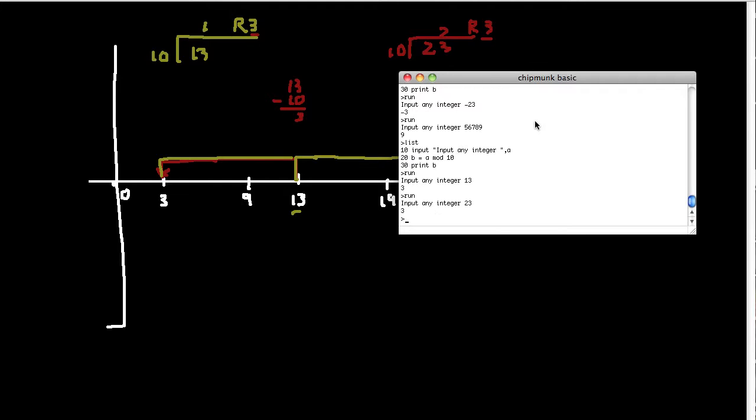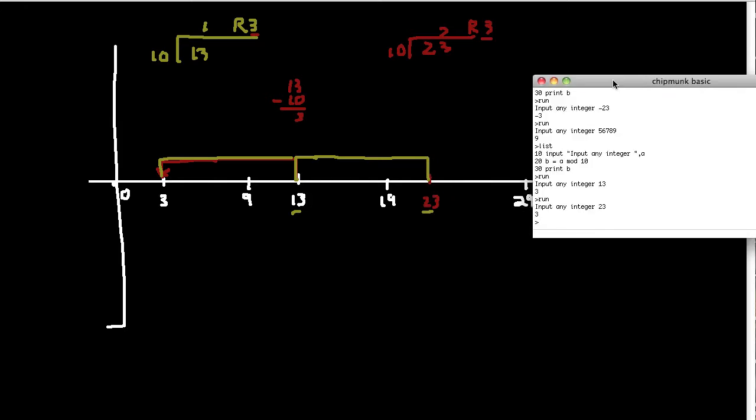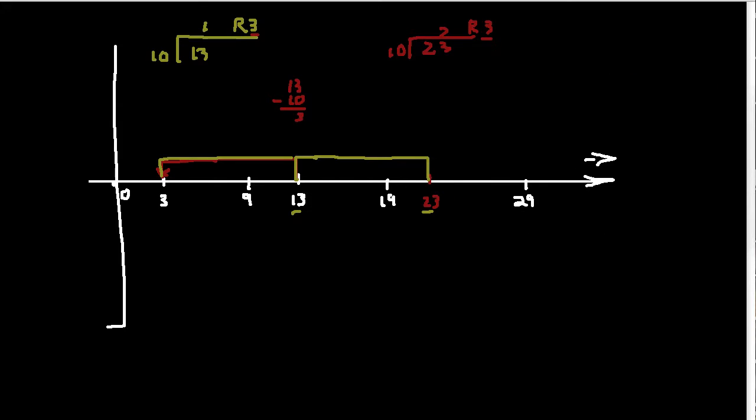Now there's another question that we might ask about modulo numbers, and that is, what do we do about negative numbers? So let me erase this, and let's talk about negative numbers for a moment. Okay, let me draw my real line again here, like this.